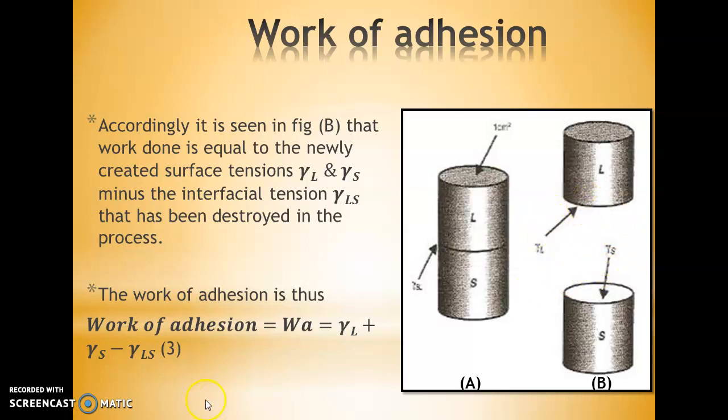So the total work of adhesion, represented by the symbol WA, will be equal to the addition of the surface tensions of these two new surfaces, gamma L plus gamma S, minus the interfacial tension which was destroyed in this complete process, that is minus gamma LS. So this is the final equation for work of adhesion.